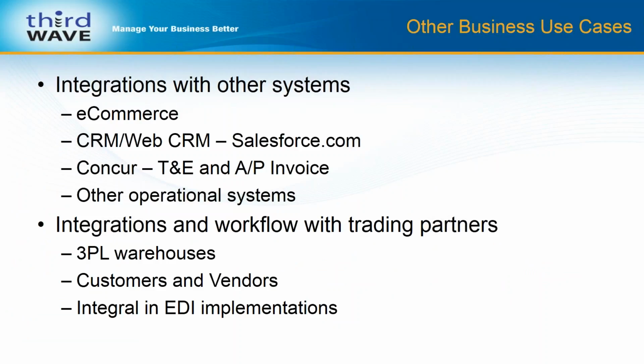So obviously, I've hinted at some other things that our customers and our customers' customers have been wanting to do with Bizweaver. Integrations with other systems like e-commerce systems, CRM, Salesforce.com. We've got some pre-built integrations to Concur for both the travel and expense system, and the system that they call Concur Invoice, their AP invoice system.